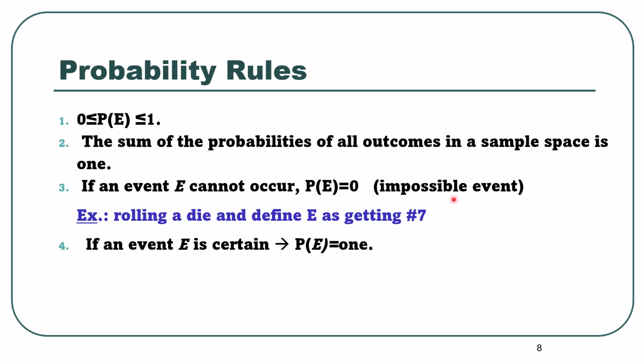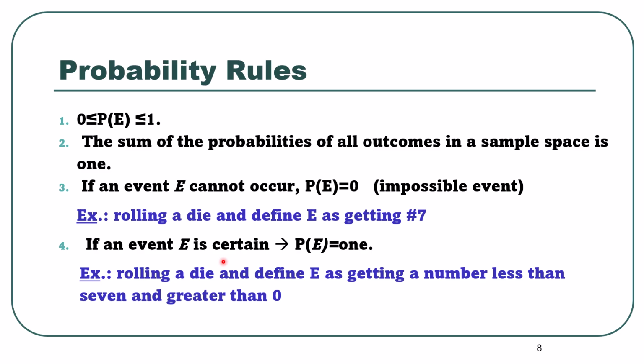Now, an example of an impossible event is rolling a die and defining your event to be getting the number 7. Number 7 will never appear if you are rolling a die, so it's an impossible event with probability equal to 0. But if you define your event to be a number less than 7 and greater than 0, this is a certain event, because all the outcomes in my S for rolling a die are numbers from 1 to 6.